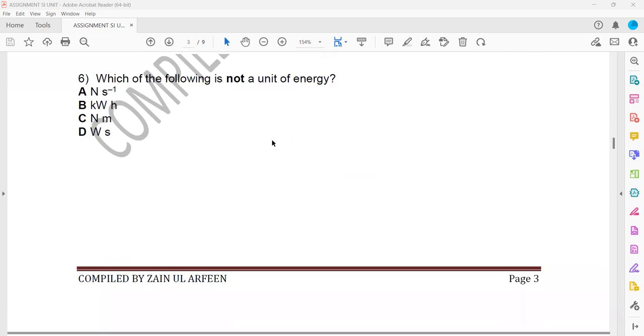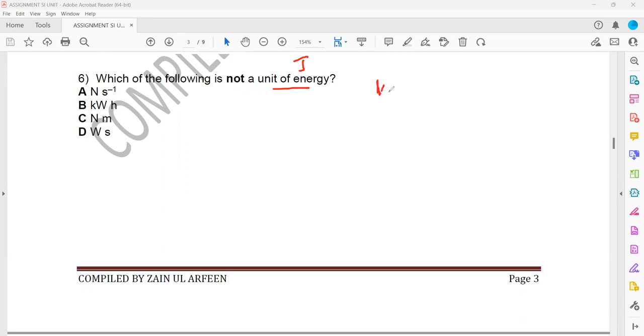Which of the following is not a unit of energy? So to work this out, which one of them is not a unit of energy? You should write a formula, like what are the formulas for energy? The unit of energy itself is joules. And what are the formulas for energy?